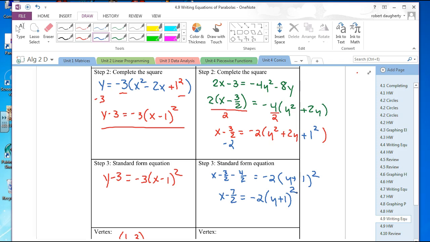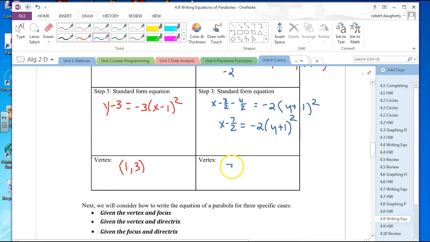It's horizontal, opening to the left, okay? What is the vertex of this parabola? Yeah, 7 halves, negative 1. Okay. Now, was that one hard? It's just fractions, guys. Come on. That's middle school stuff, okay? Minus 3 halves minus 2. Convert it to fractions, you can do it.